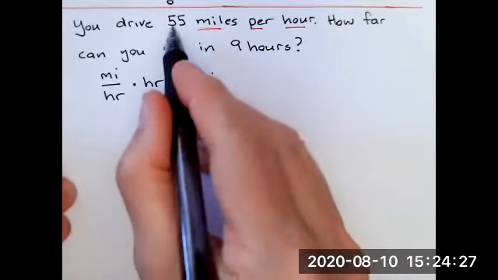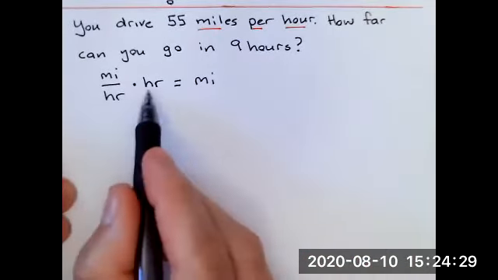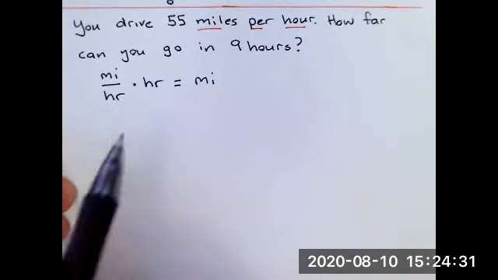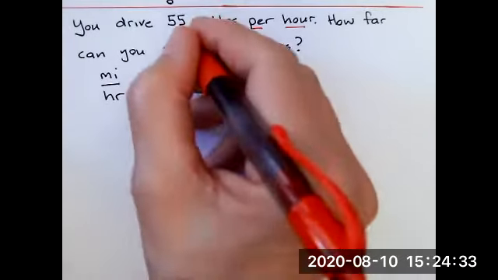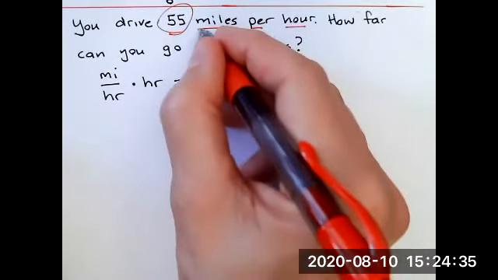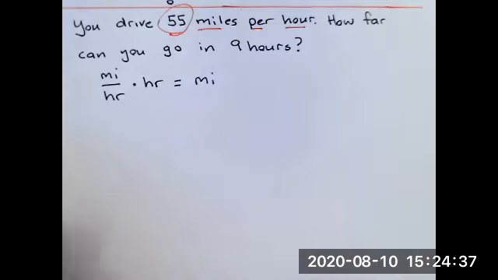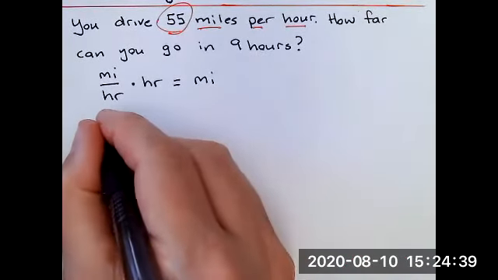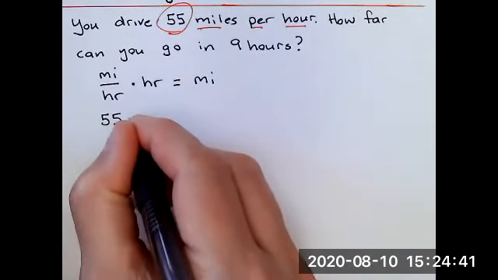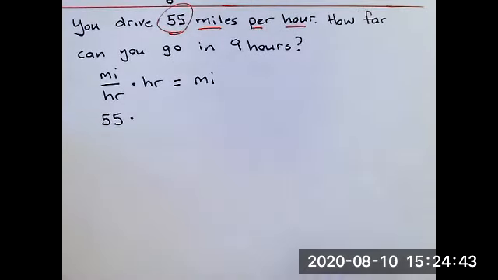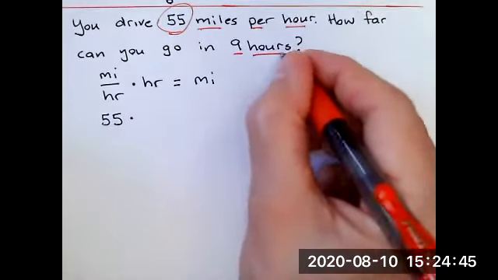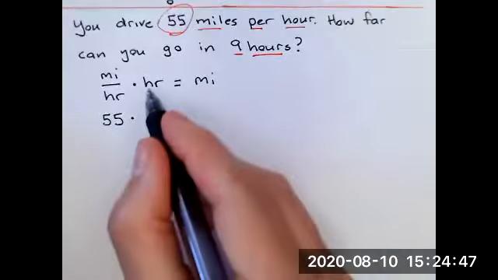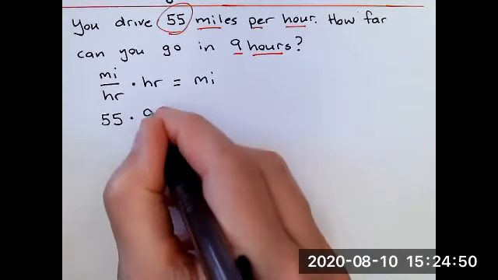You're always given 2 of the quantities and you're looking for the third. So 55 is the number of miles per hour, so we'll write that under miles per hour. 9 is the number of hours, so we write that under hours.